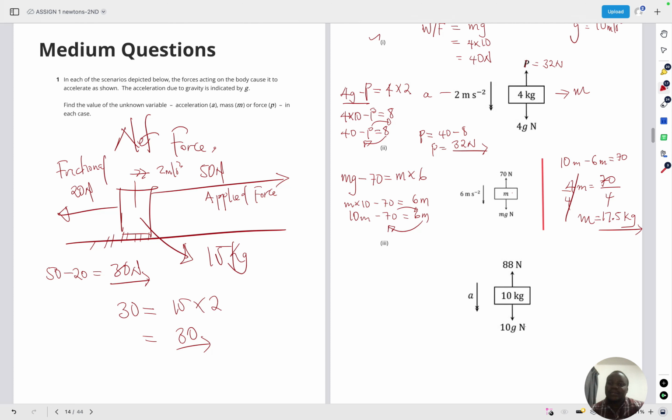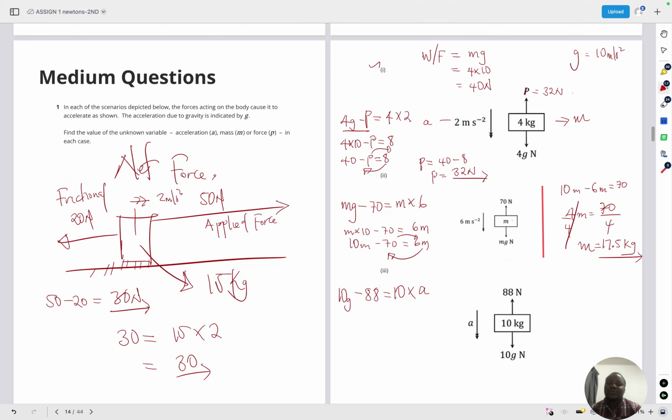So we know that 10g minus 88 should be equal to the mass times acceleration. We are trying to find the net force that is causing the movement of this 10 kg object, which equals its mass times its acceleration. Now we know that g is 10 meters per second squared.